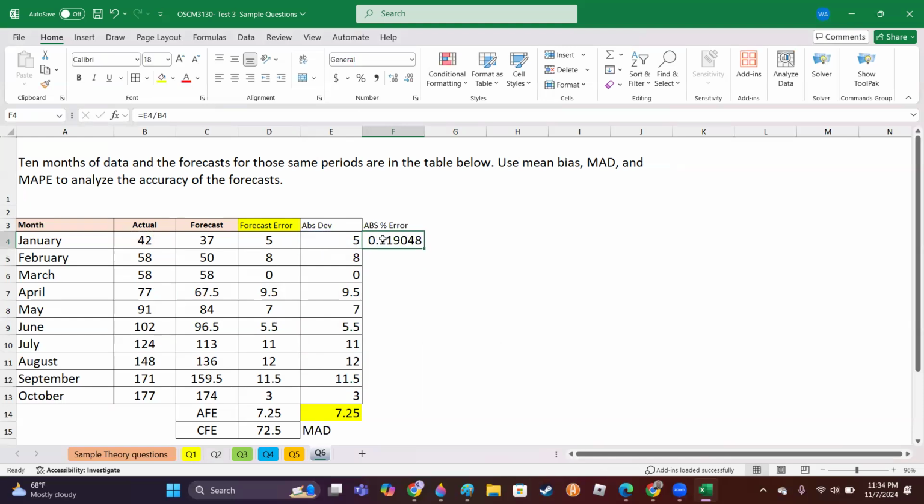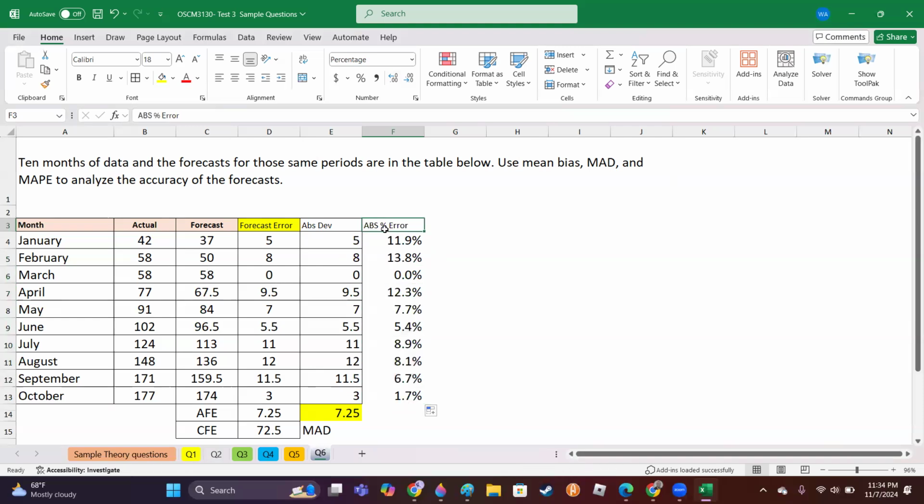And typically I like seeing these as percentages. So here for January, the forecast was off by almost 12%. For February, the forecast was off by almost 14%. In March, the forecast was right on point, so there's no deviation. And I'll do that for each and every month.